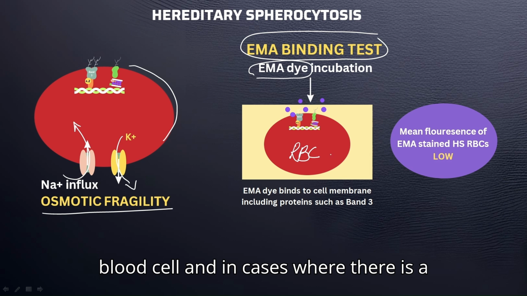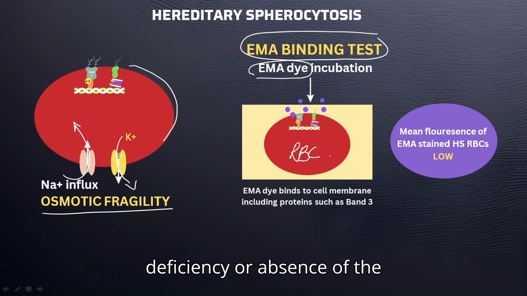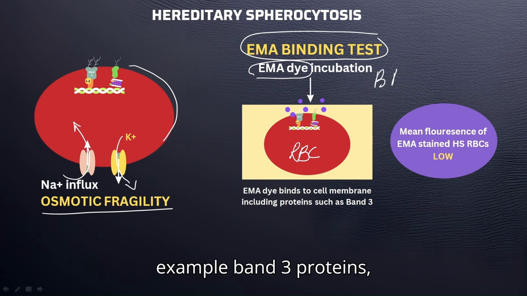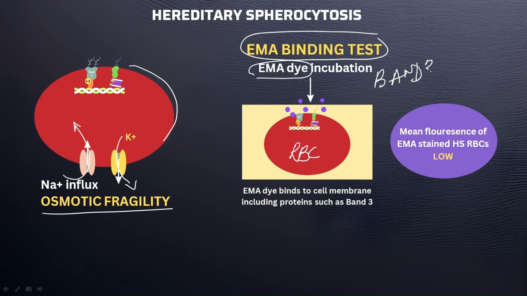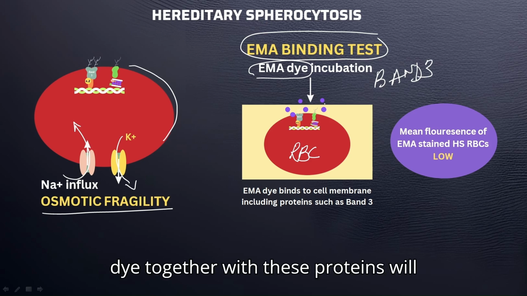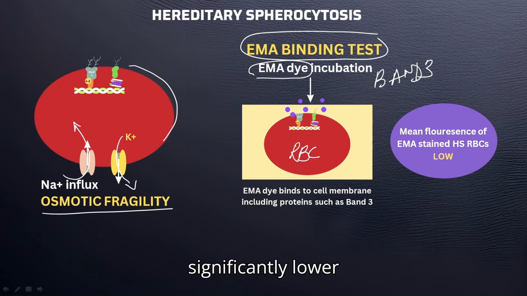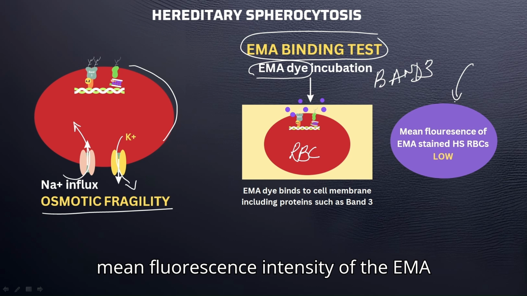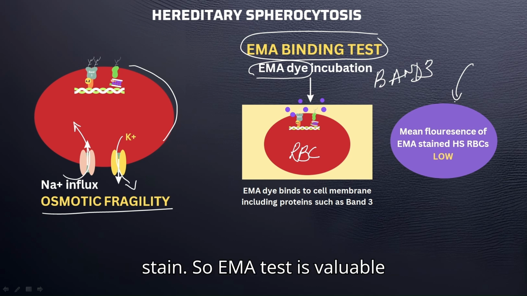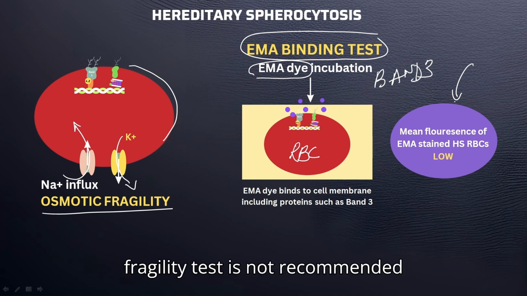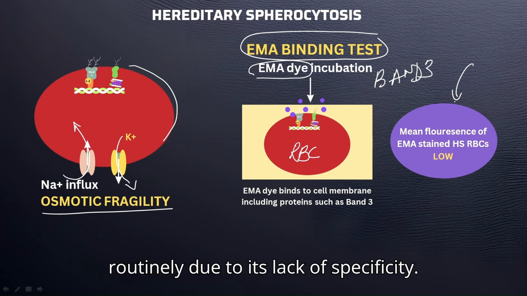And in cases where there is a deficiency or absence of the proteins that we talked about, for example, band 3 protein, this means that the binding of the dye together with these proteins will become disrupted, resulting in a significantly lower mean fluorescence intensity of the EMA stain. So the EMA test is valuable and is often recommended. Osmotic fragility test is not recommended routinely due to its lack of specificity.